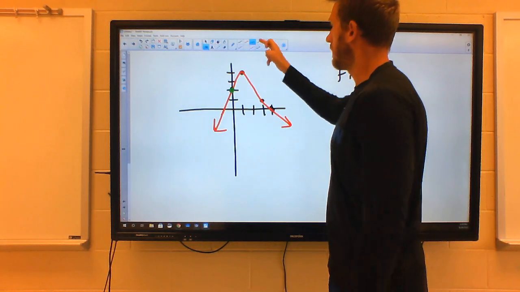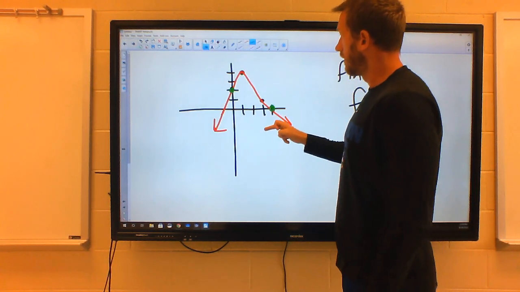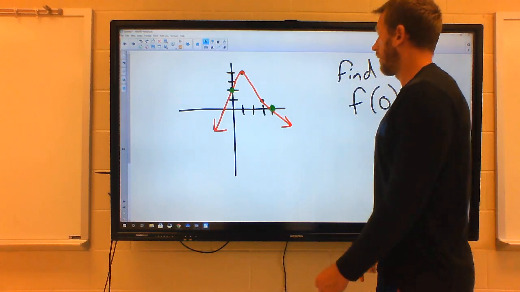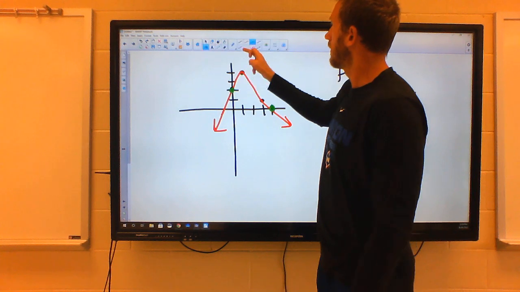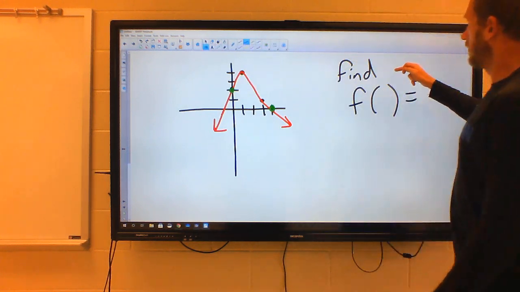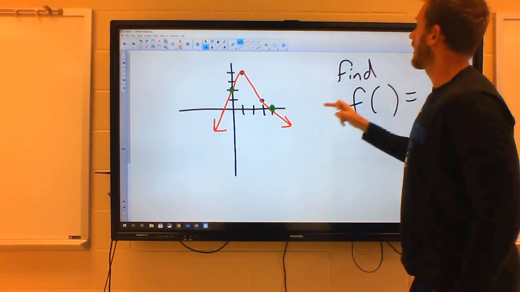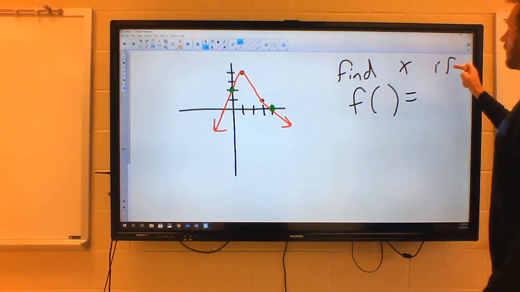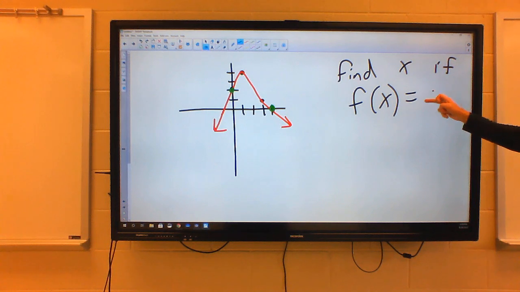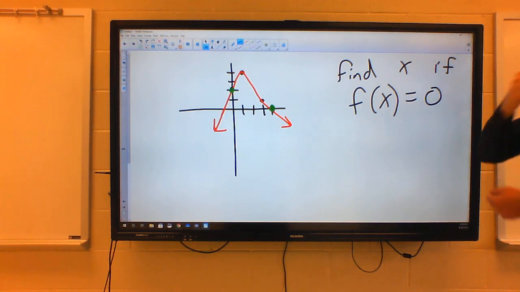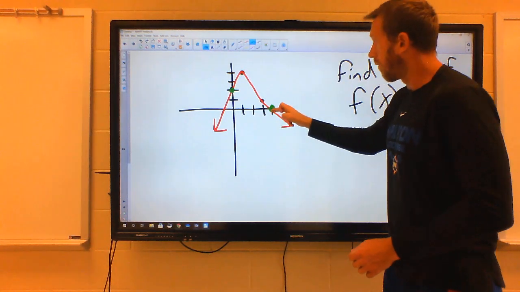Let's try one more. Not to be mistaken with this. That would not have been the right point. In fact, let me show you what would have been written then. It probably would have said, find x if f of x equals 0. That is how we would have found this point.